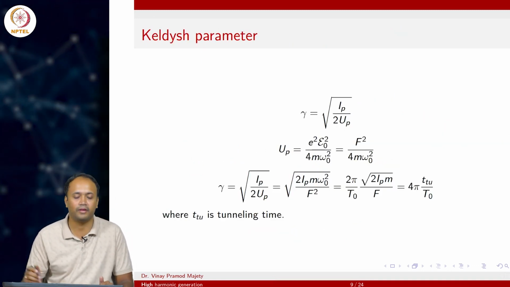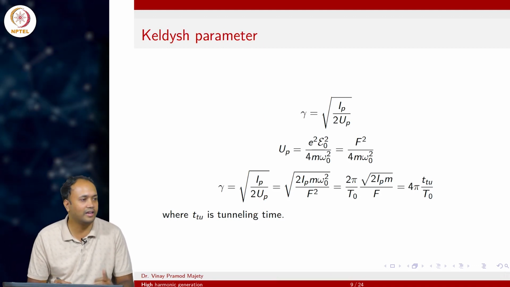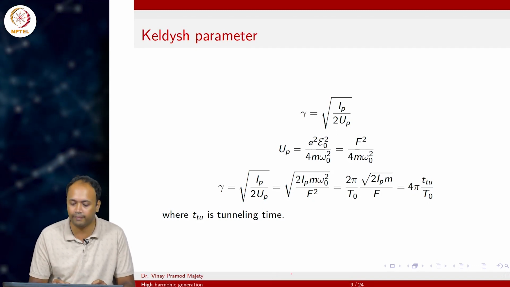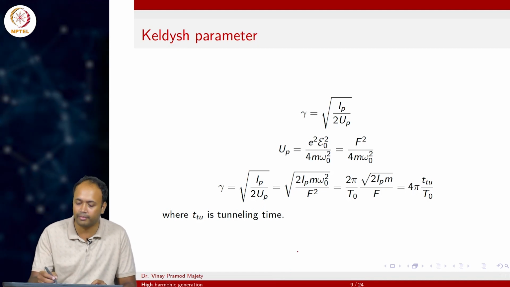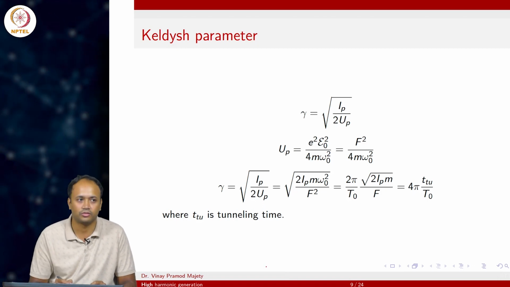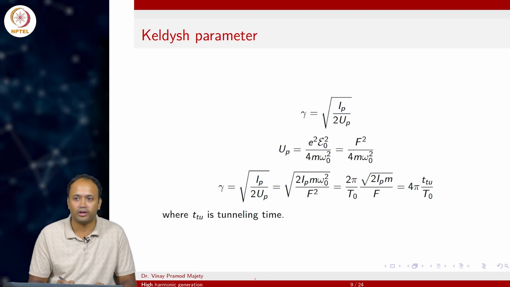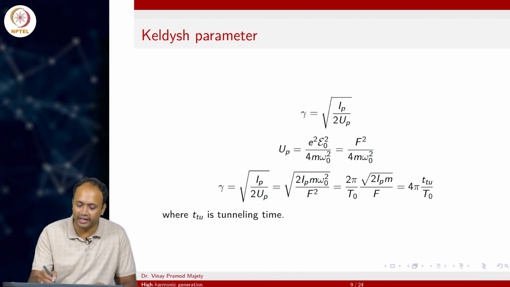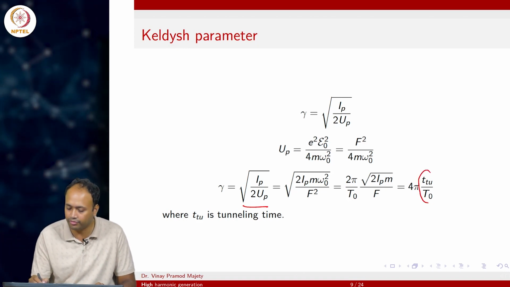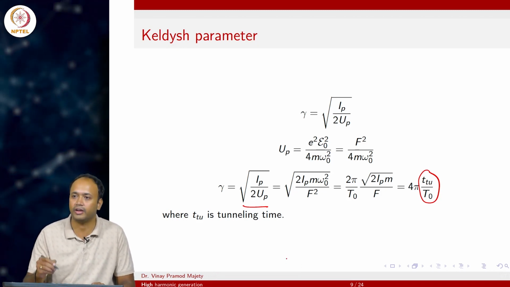Now how do I know which one is dominant in a particular problem? There is a theory given by Keldysh, who defined a parameter called the Keldysh parameter, given by the ratio of the ionization potential to twice the so-called ponderomotive energy. We'll discuss what ponderomotive energy is in the next slides. But this whole expression can also be converted into a ratio of the so-called tunnel time and the time associated with the frequency of the laser.